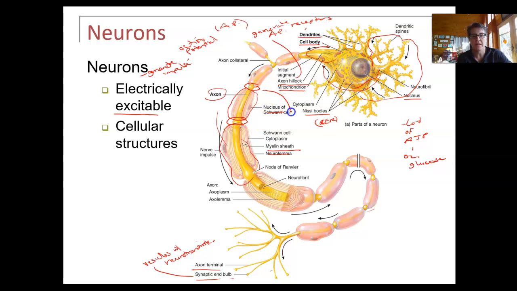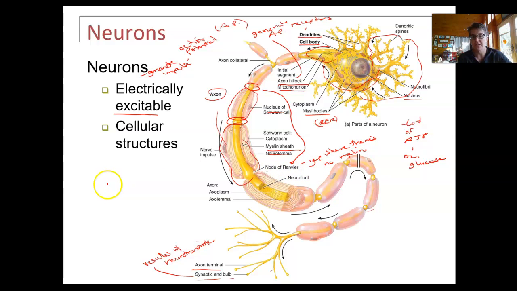Where there's no myelin, that is called a node of Ranvier. This is a gap where there's no myelin, and this is important in a future lecture. So I have a myelin sheath, and I have gaps where there's no myelin. Those are my nodes of Ranvier.